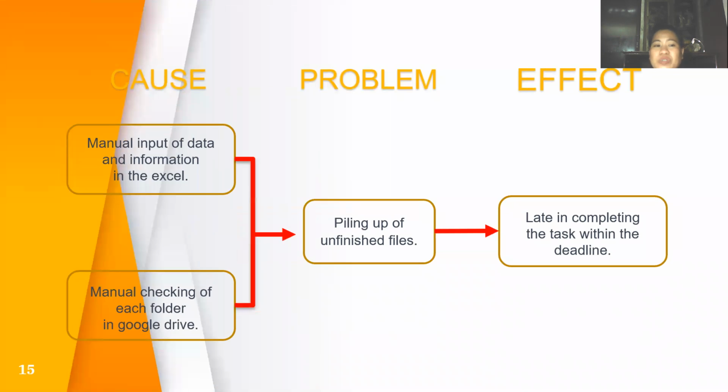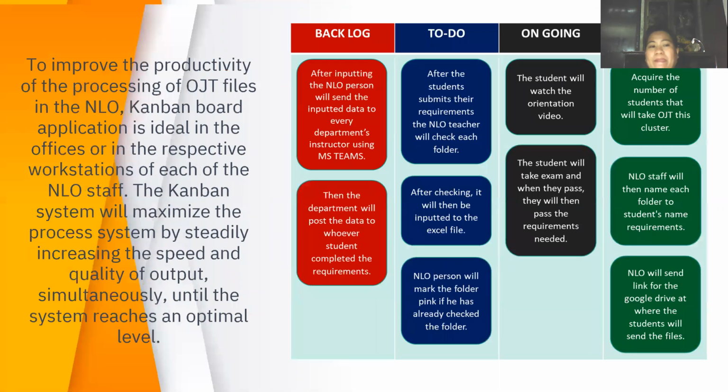The diagram shows the cause, problem, and effect. For the cause: manual input of data and information in Excel, and manual checking of folders in Google Drive. The problem is the filling up of unfinished files, and the effect is some delay in completing the task within the deadline.